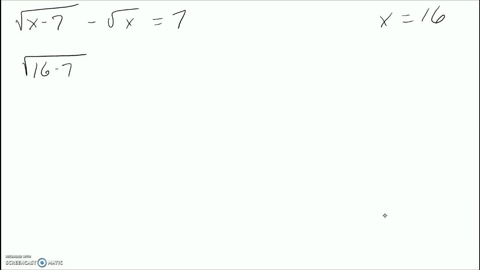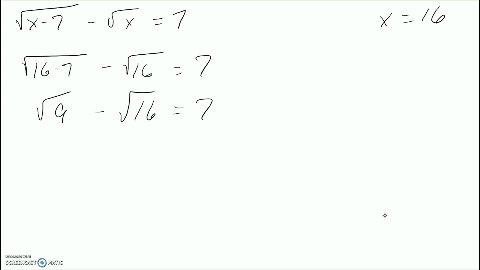So 16 minus 7 is 9, the square root of 9 minus the square root of 16. The square root of 9 is 3, minus 4. That equals negative 1 though, so it does not check out. The value of x obtained here does not satisfy the original equation and thus is an extraneous root. So the answer to this is actually no solution.